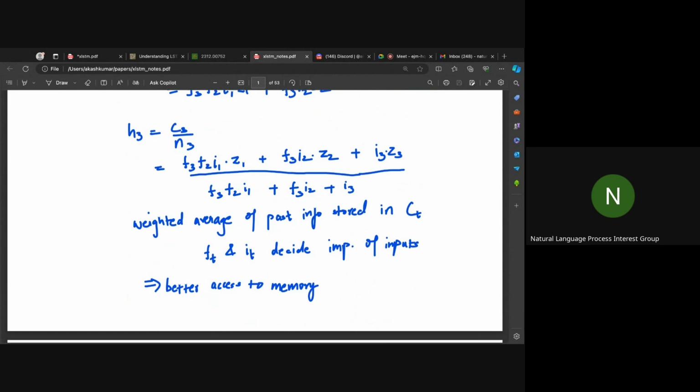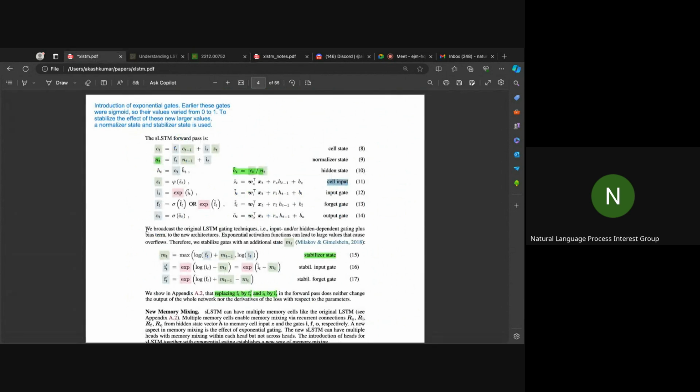Now the model, instead of the cell state values being overwritten by the time we reach the 10th time step, can leverage the cell state at each time step and get a weighted value from them. So this behavior entirely changes the way the memory is accessed within the LSTM architecture.